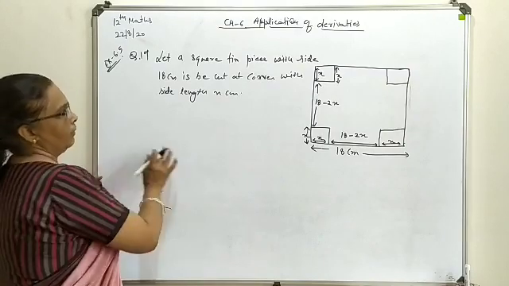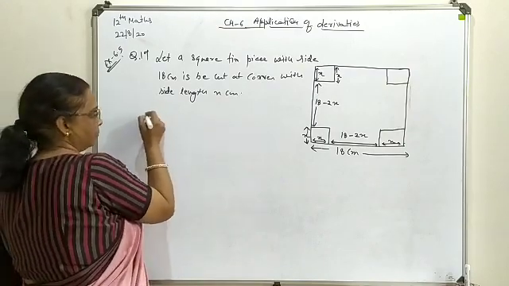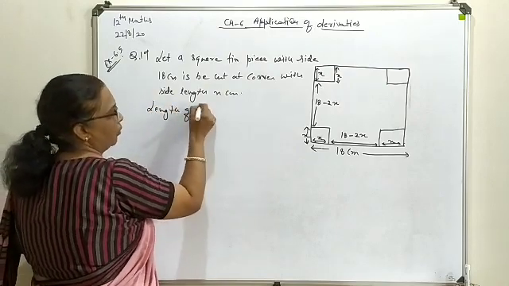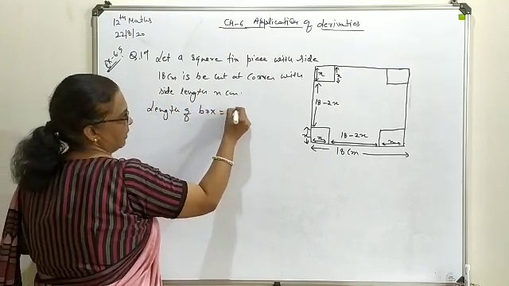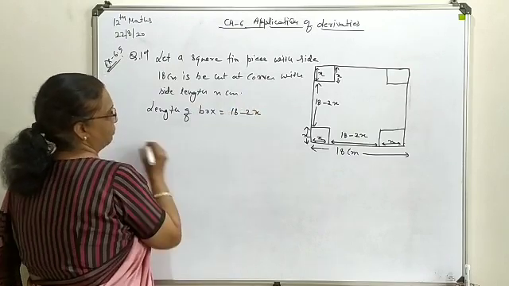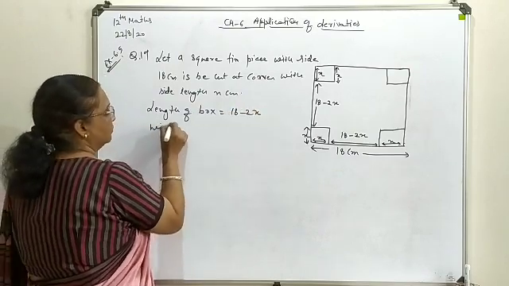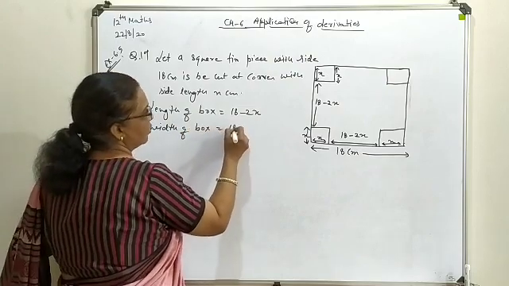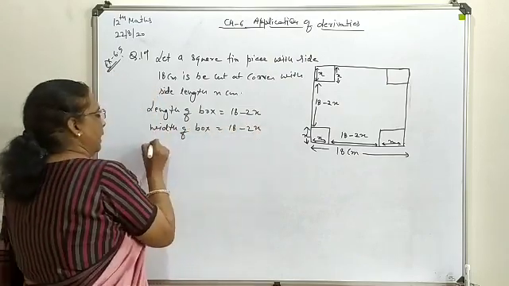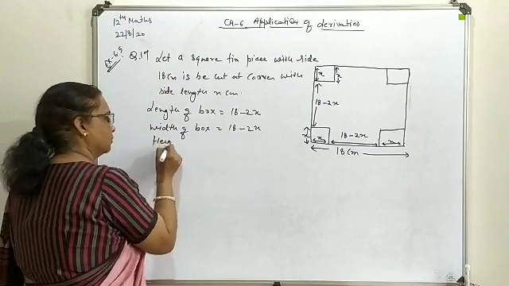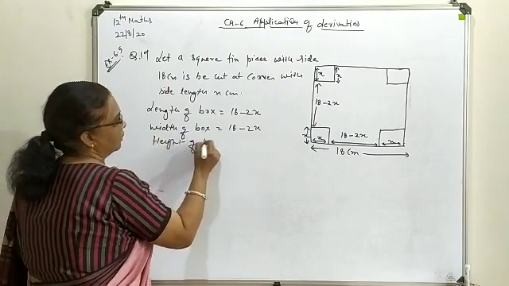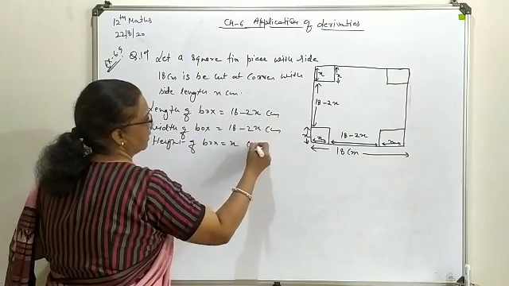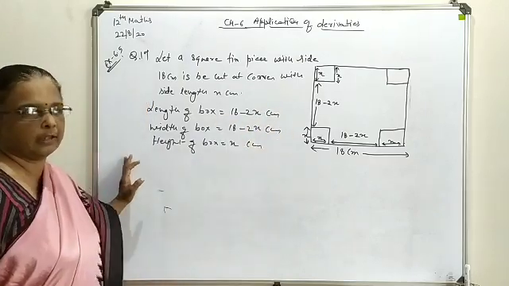So the length of the box is 18 minus 2x, the width of the box is also 18 minus 2x, and the height of the box will be x centimeter. This way we can define these three parameters.